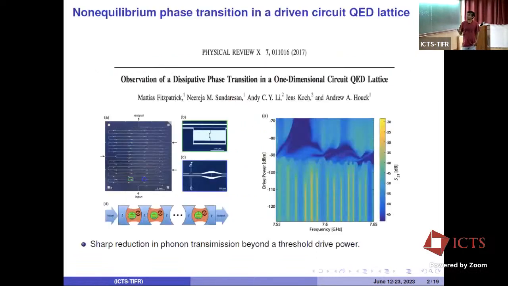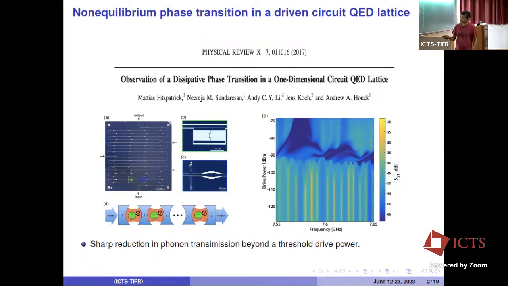Okay, so this is the motivation for the work. This is a paper on observation of a dissipative phase transition in a one-dimensional circuit QED lattice. What you see is a one-dimensional array of qubits which are coupled to cavities, around 70 resonators.